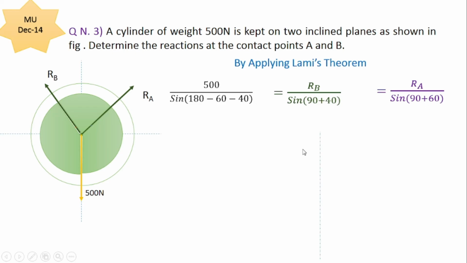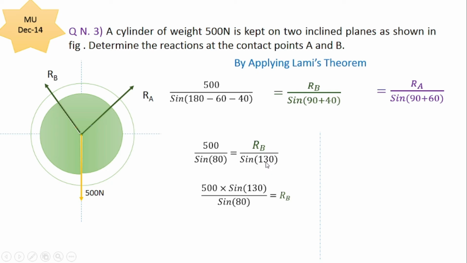Now, in order to solve this numerical, we'll first equate 500 divided by sine 80 to RB divided by sine of 130. Now we'll cross multiply. To get the value of RB, we'll multiply 500 by sine 130 and divide by sine 80. By doing the calculation, we get RB equal to 388.93 Newton.